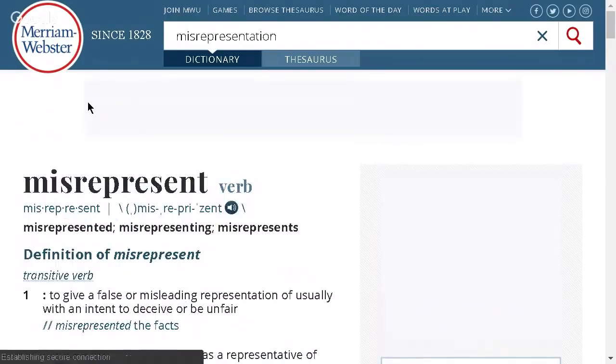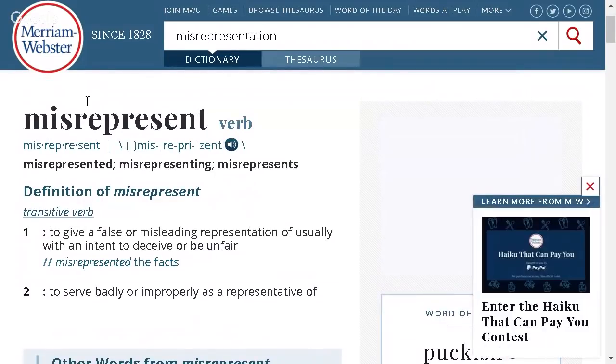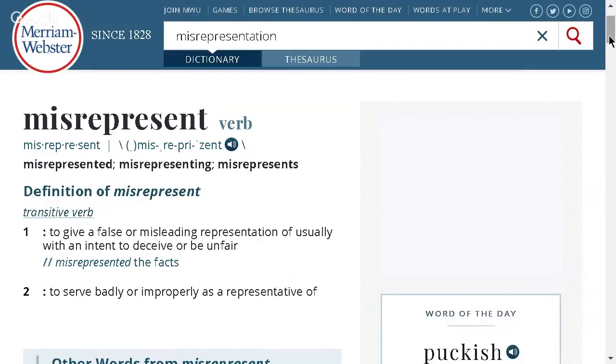Now, speaking of fraud and misrepresentation, let's talk about the definitions. Misrepresentation is when you just give false or misleading facts, sometimes not even on purpose. In other words, if you fill out something and put a mistake on there, that's a misrepresentation, such as on an insurance application, let's just say, right?